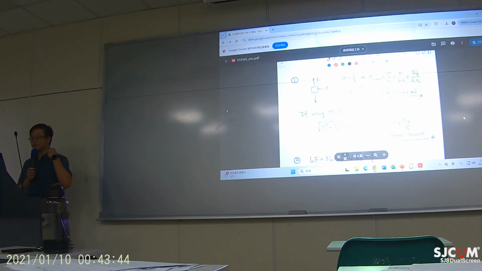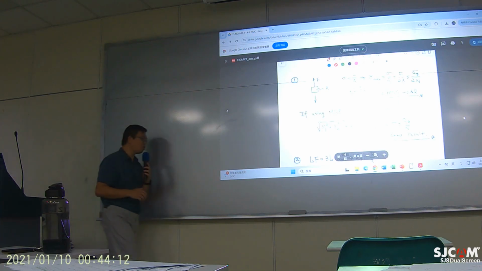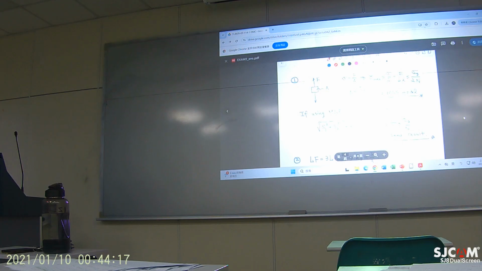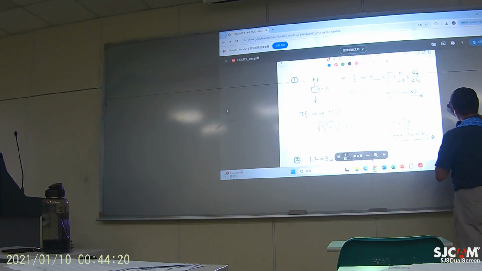It's not directly mentioned in the class, but if you realize it, because this is a plane stress problem and only stress along one direction, so definitely the principal stress is sigma. Okay, so the second principal stress is 0. So the Mohr circle always looks like this. And as I mentioned so many times, we have used this concept multiple times.